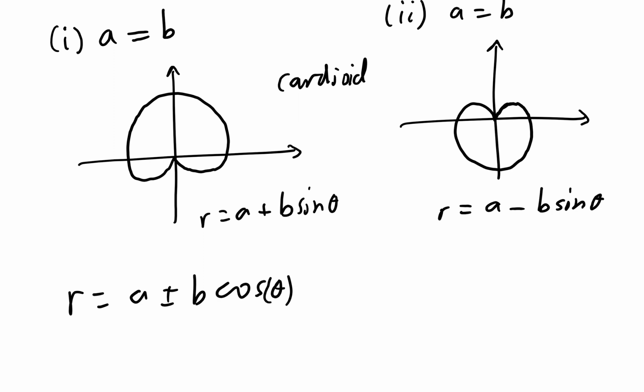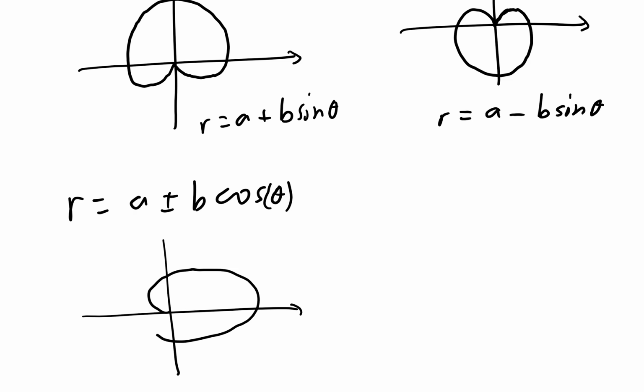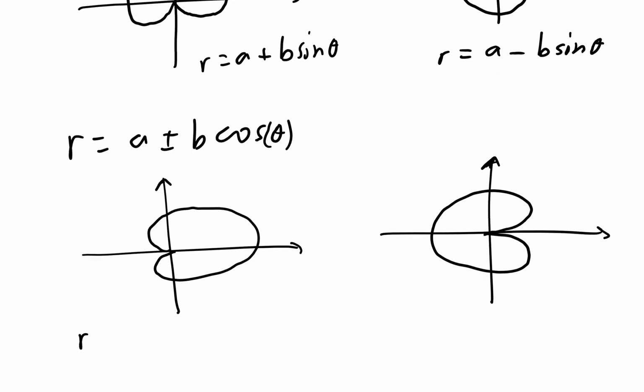Well, if you get the sine, you can get the cosine. Still a cardioid, but the direction of the heart is different. It's going to be to the right this way, or to the other side this way. That's when r is a plus b, both positive, assuming, and that's when it's negative.